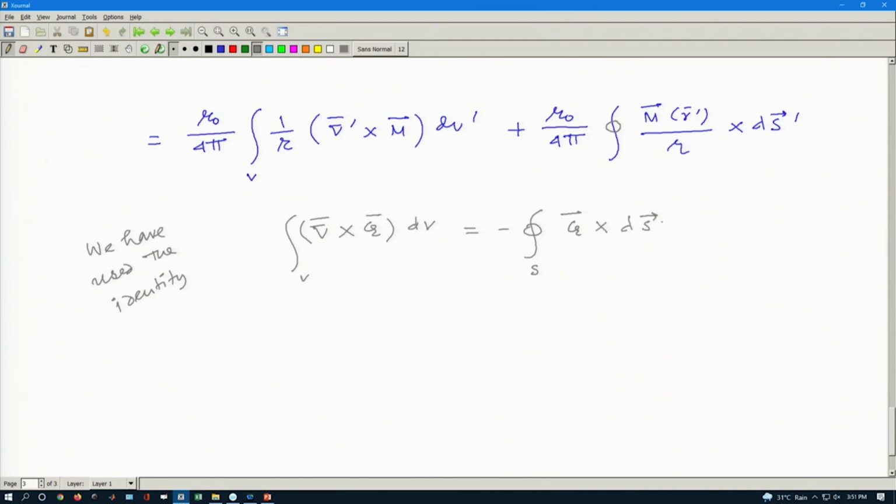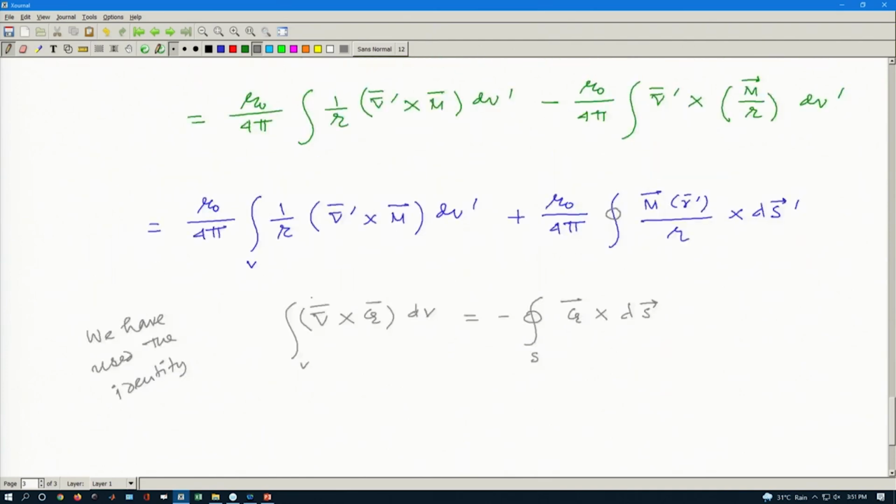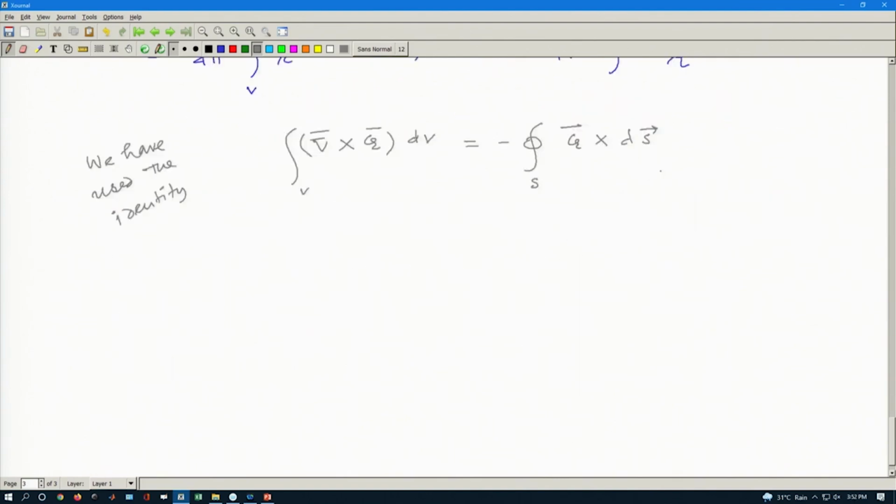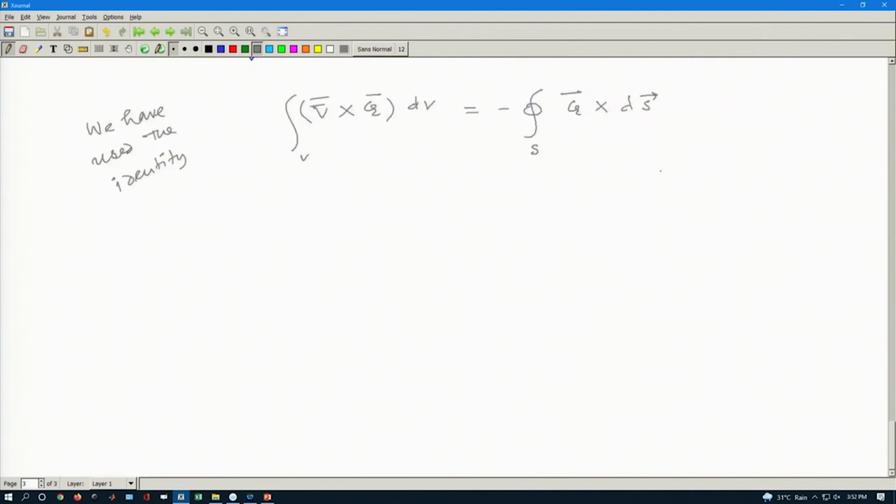I use this vector identity to get from this expression to this one. Then after doing that, I define these bound currents.